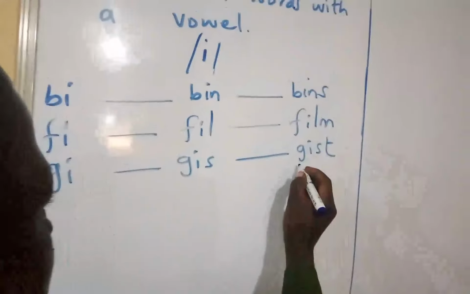Now look at this one again. This is C as a sound. And with this, you have sing. Then add 1 letter sound, we give you sing. Good. Okay.